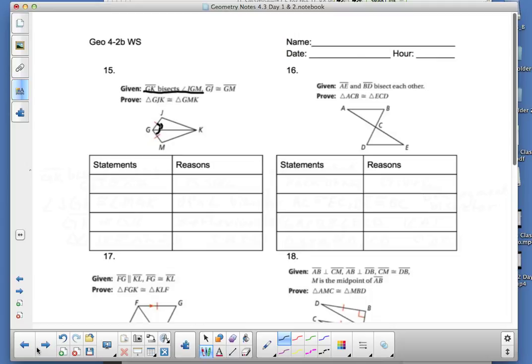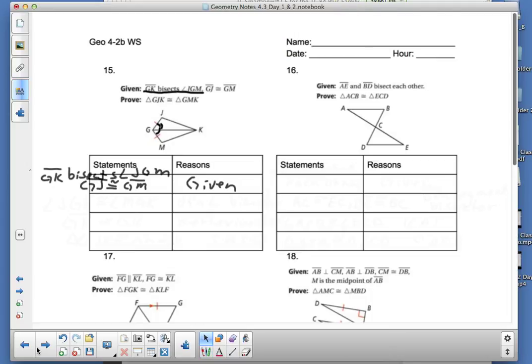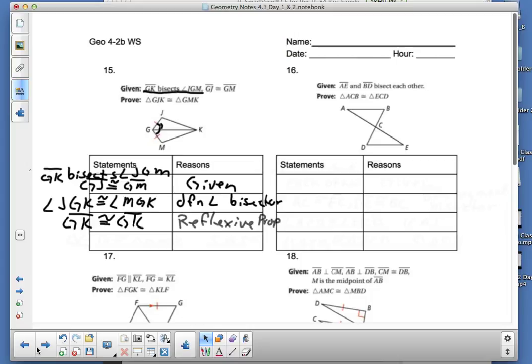Okay, so when you wrote it, you had your given, you had your angles, definition of angle bisector. That might have been a new one for you, okay? But it kind of makes sense. It's what we did in chapter 1. I'm just revisiting it as we go through. And then we have segment GK, congruence of segment GK because of reflexive property, okay?